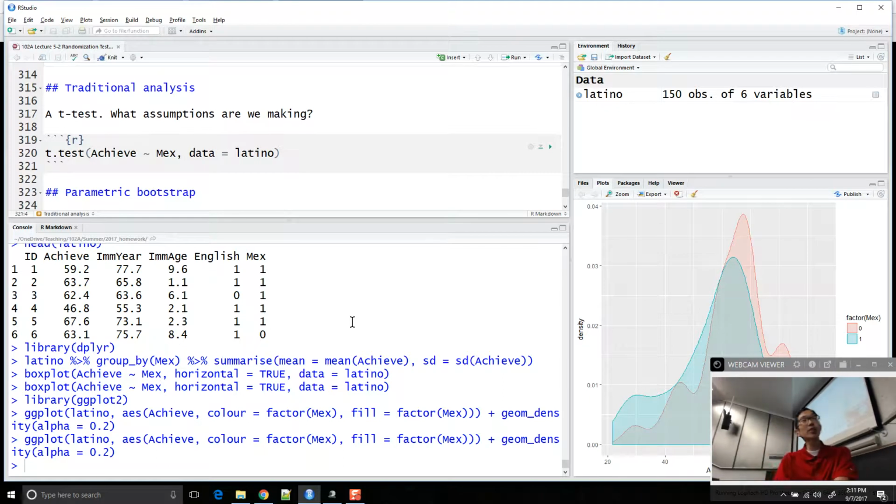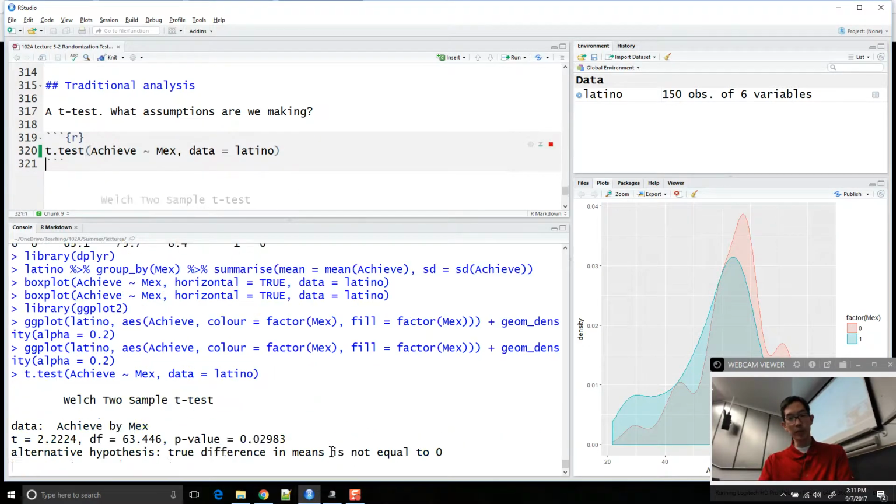A traditional test is to compare the means using a t-test. With a t-test in R, the command you would run is t.test, and we're going to say achieve as explained by the column Mexico, and the data comes from our Latino data set.